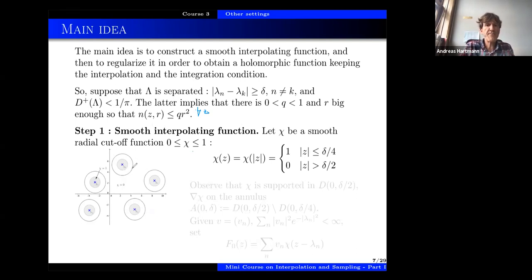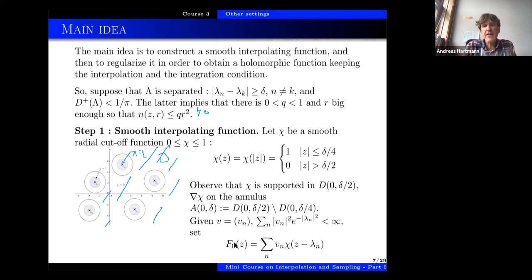So here, chi is 1 inside this gray disk, and outside here the function is 0, everywhere. In fact, I'm maybe a little bit too fast in my explanations.